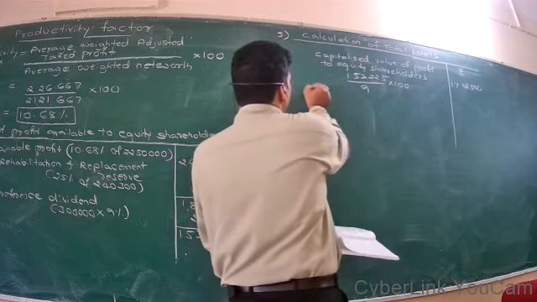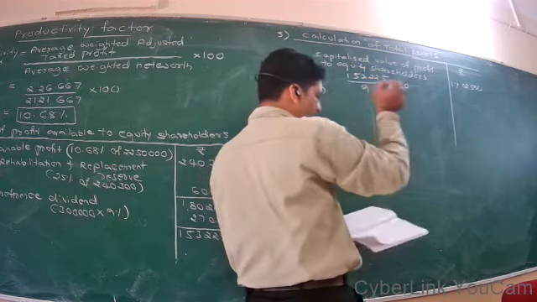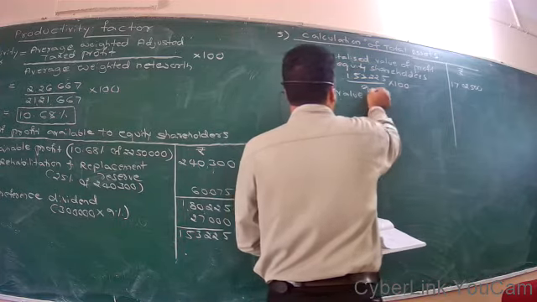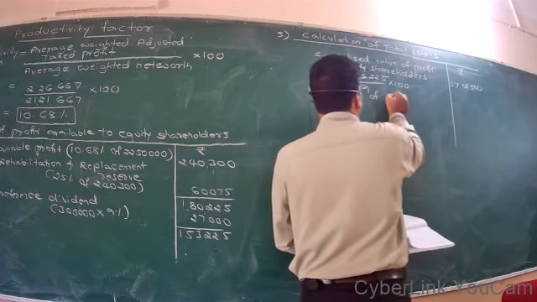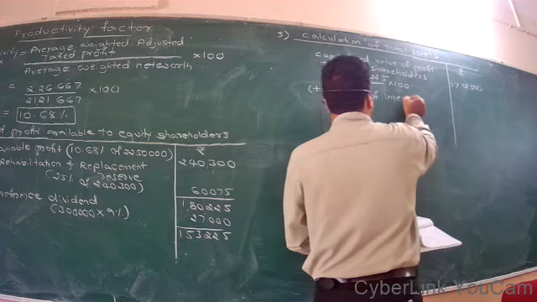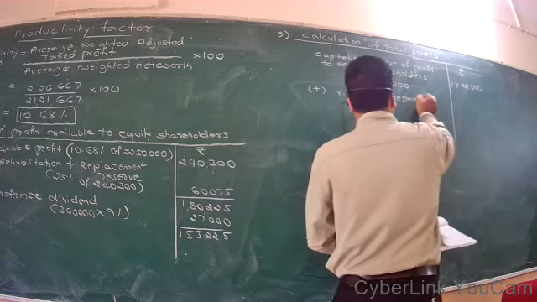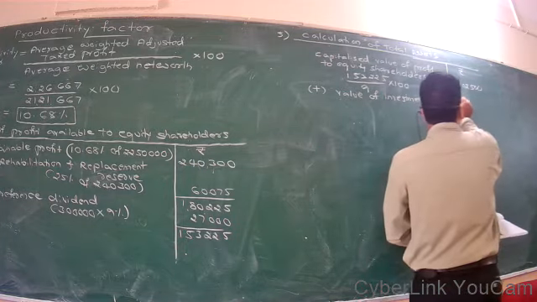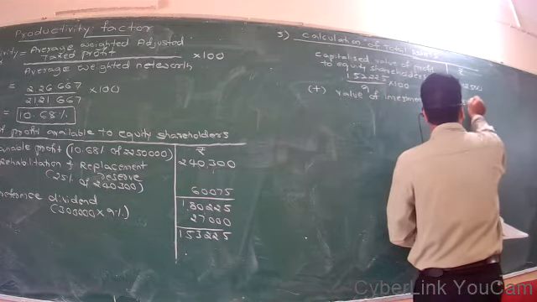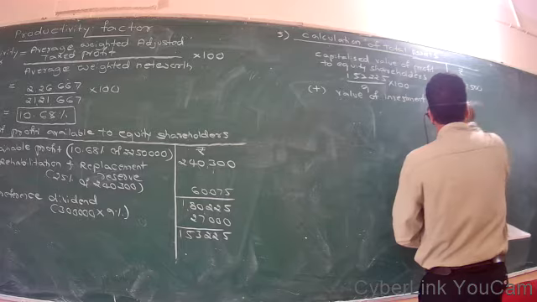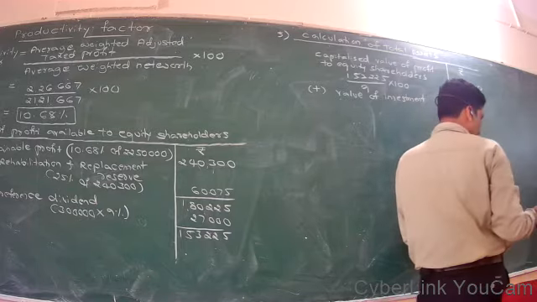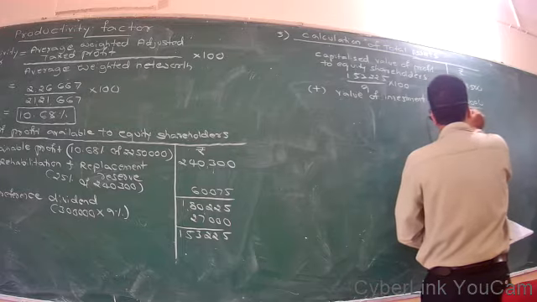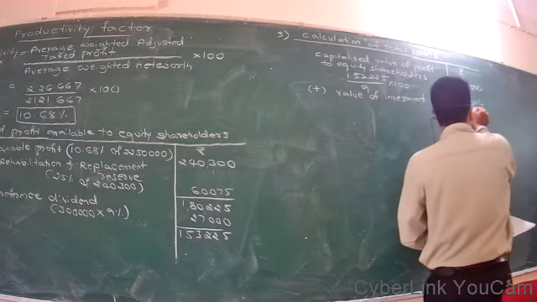And one more we have to make addition. Value of investment. So it is market value, 2,80,000. So total is 19,82,500.